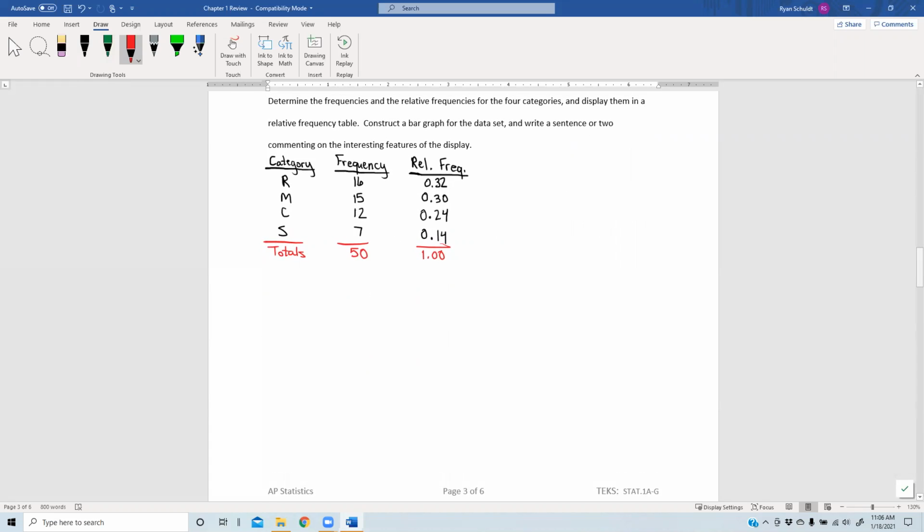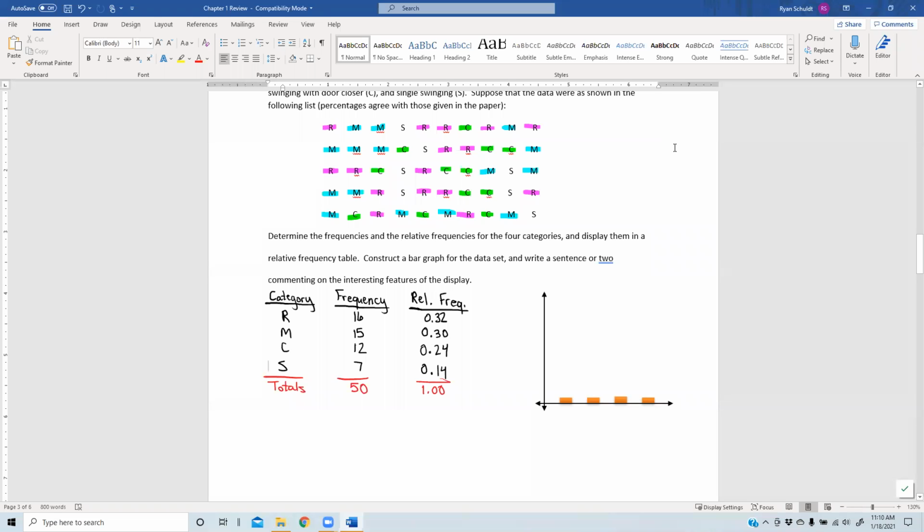So let me get our chart inserted into our document here. Okay, so I have a bare bones chart in here. So now let's make sure that we have all the pieces we need. So first we have our horizontal axis we need to deal with. This is the type of door. I don't want to be writing in red.